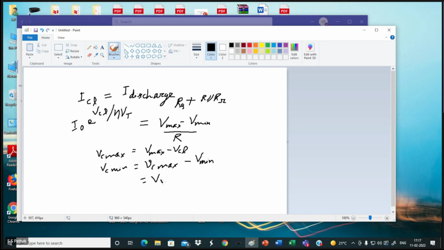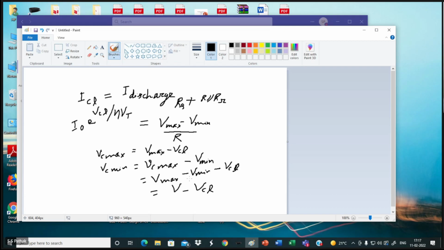It is your V max minus V min minus VCL, that is equal to V minus VCL. V was the difference.